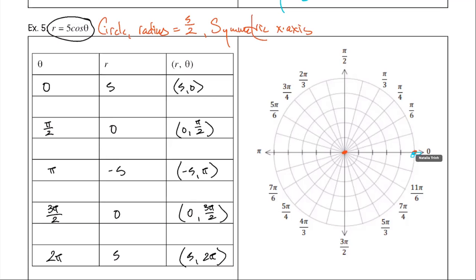Perfect. Yeah, it's exactly where Thea marked it, and Natalia and Ethan. So all of those are back at the first point, right? Where would 0, comma 3 pi over 2 be?